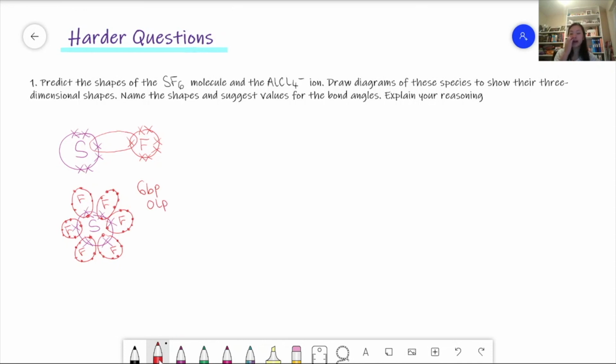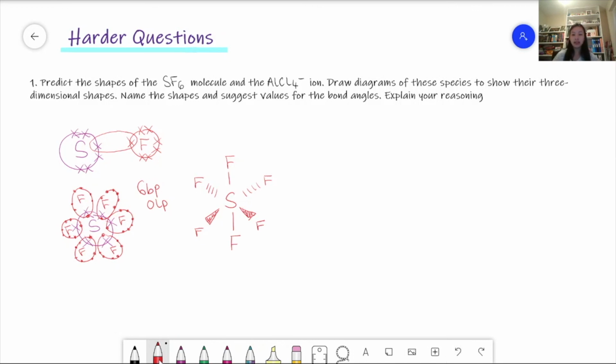And then I think back to the shapes of molecules that we learnt. And then I remember that this forms an octahedral shape. So you'd have sulfur in the middle, and then fluorines here, and also behind like this, and then one at the bottom.